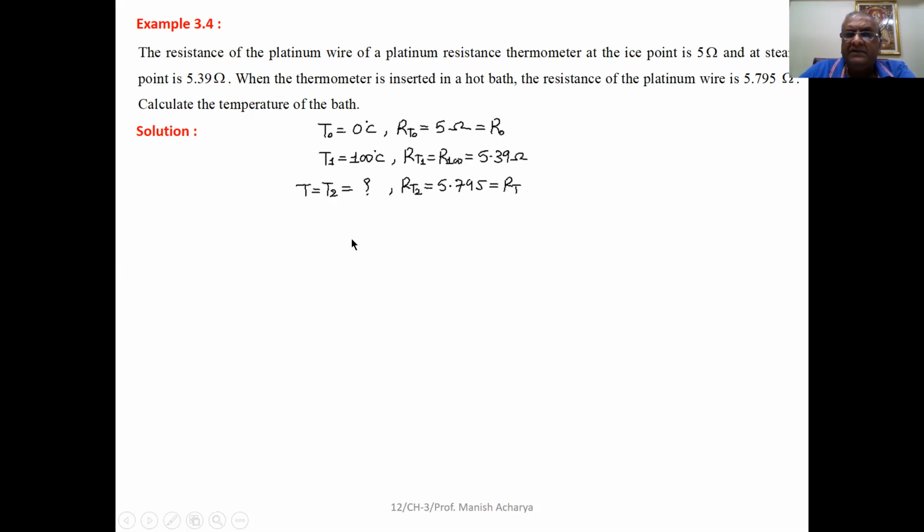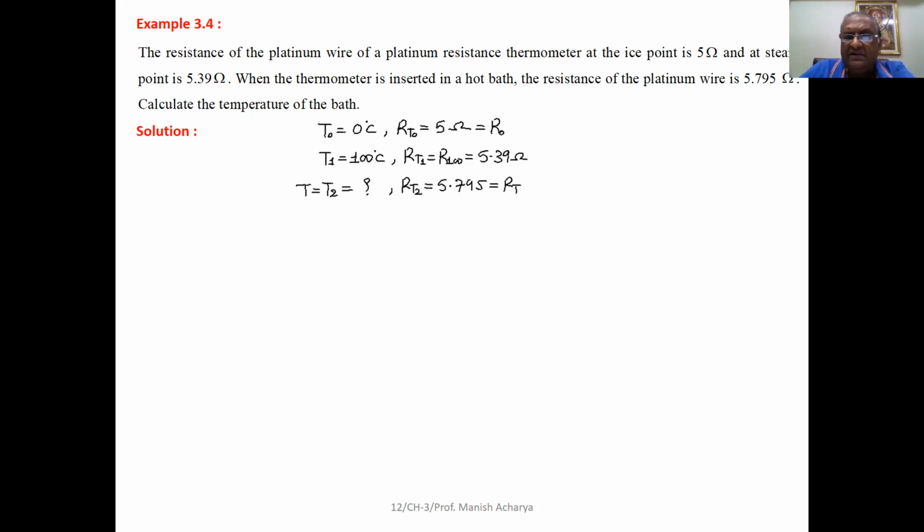Then the temperature of the hot bath that we want to find, we don't know. At that temperature of the hot bath, the resistance R at T2, or we can say R at temperature T, is 5.795 ohm. Say here alpha is not given to you.